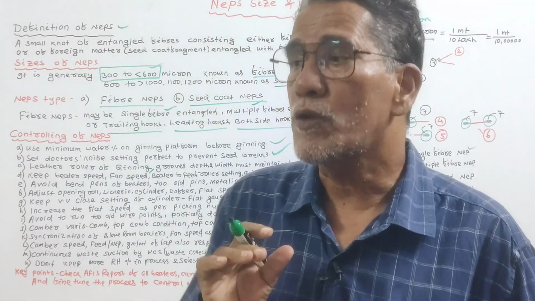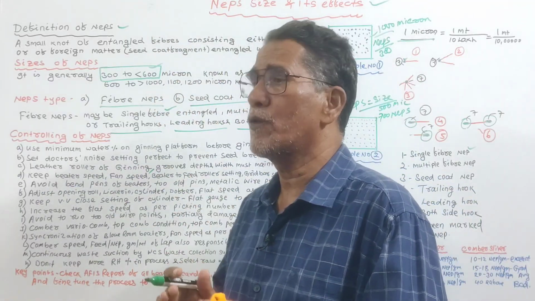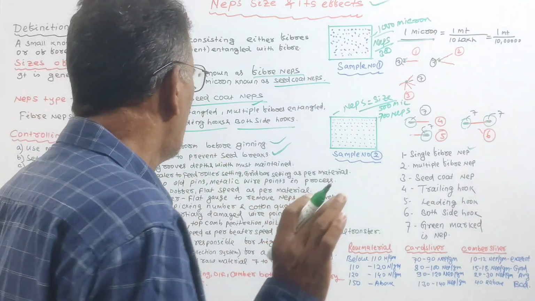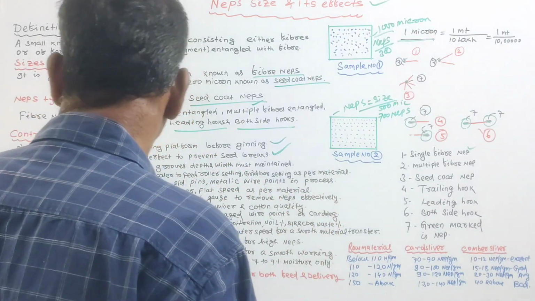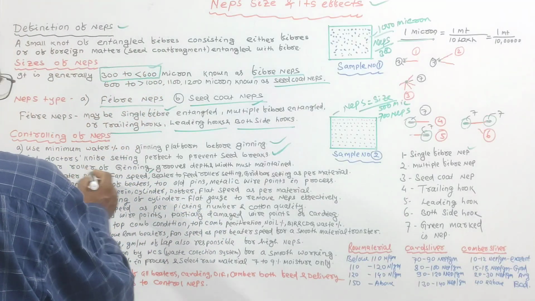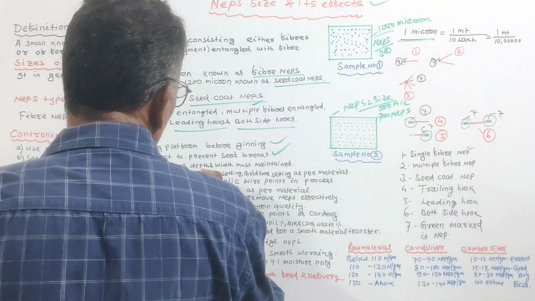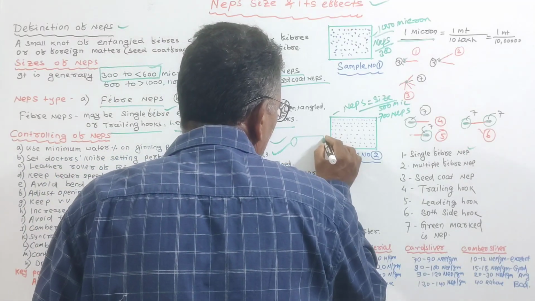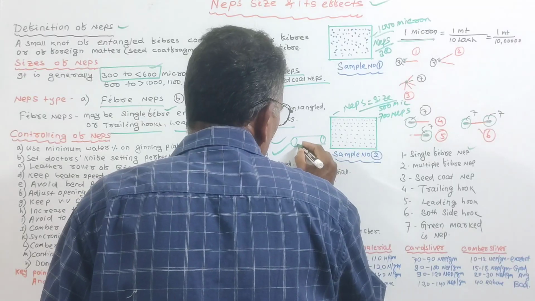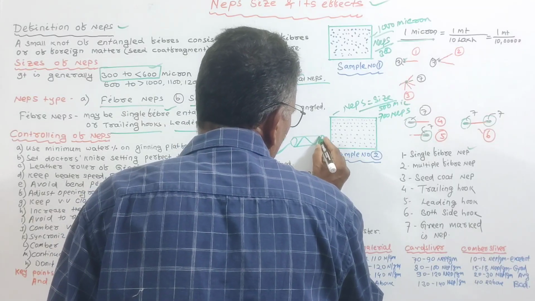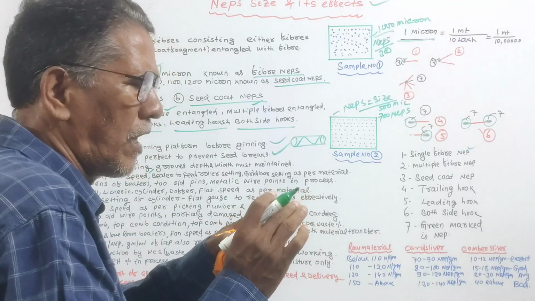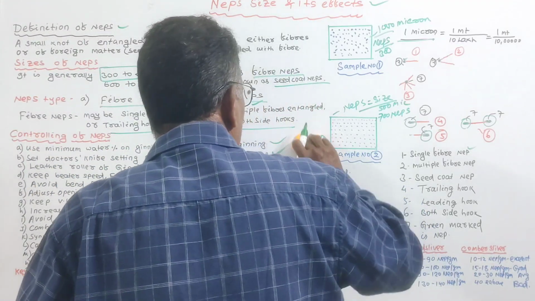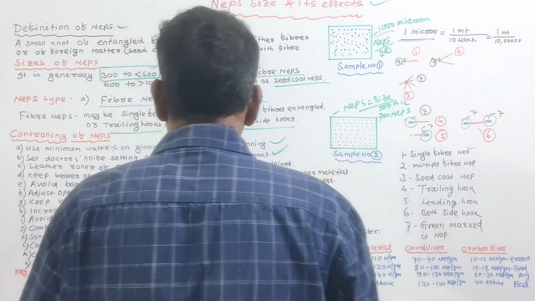If the groove is not okay, then the seed will be broken, and that broken seed passes with fiber and creates seed coat naps. This is the roller, and we have the groove this way. So groove width and depth both should be perfect. If there is a mistake, then the seed will be broken.